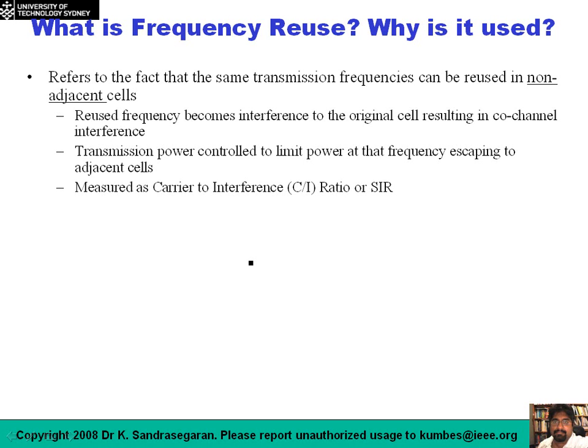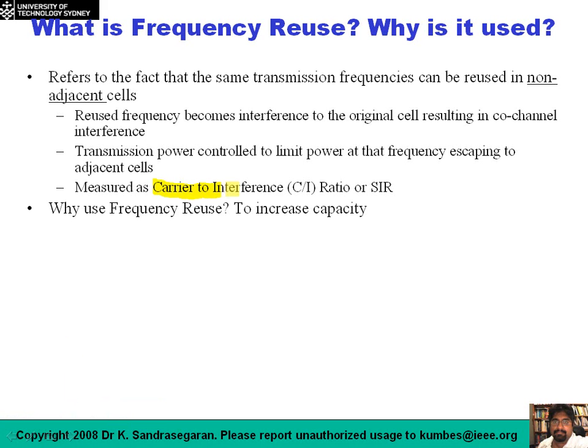Now, in order to express this co-channel interference, the performance metric used is something called carrier to interference ratio, or SIR. Later on we'll derive an expression for this term.